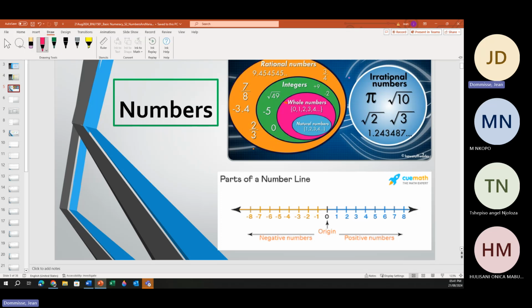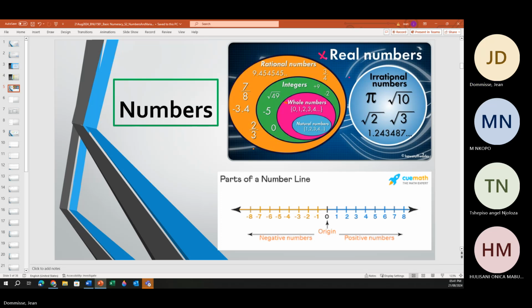Firstly, everything is nearly sorted under real numbers. At a higher level, we've got real numbers, and then we split that into two: your rational numbers and your irrational numbers.